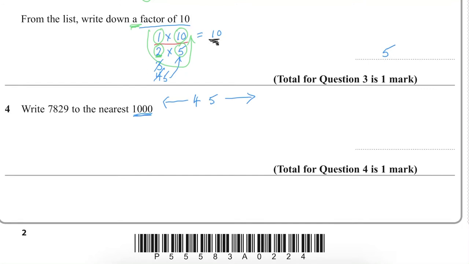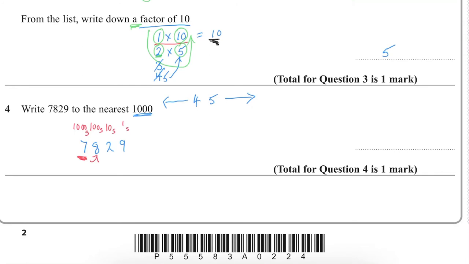So we know that this is the singles column, this is the tens, this is the hundreds, and this is the thousandths column. So we're interested in this 7 here and the number next to it.